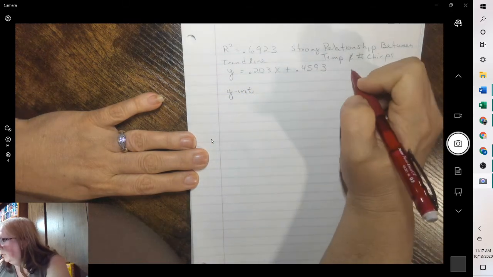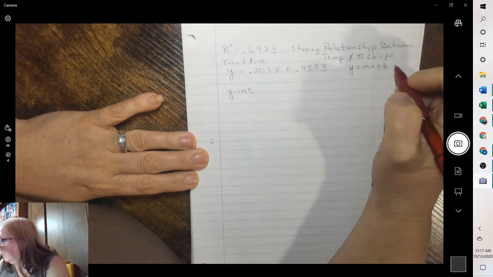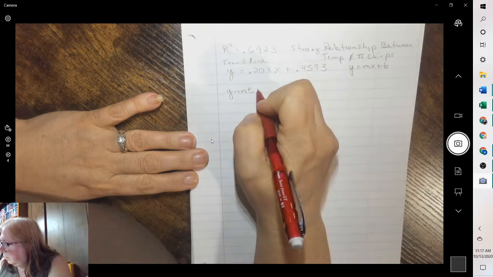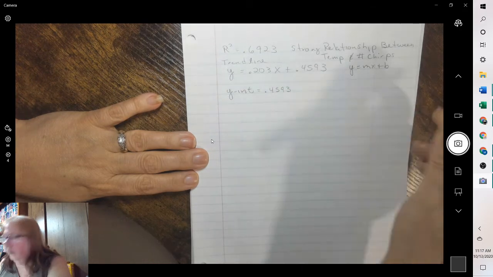The y-intercept, or y equals mx plus b. The y-intercept is the b. So in this case, it's 0.4593.